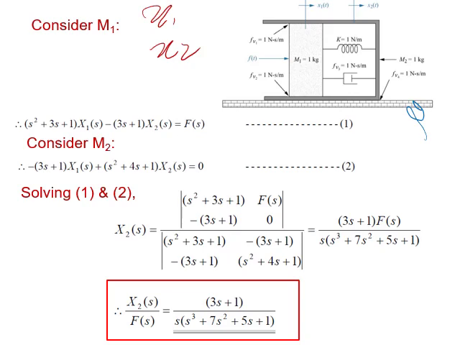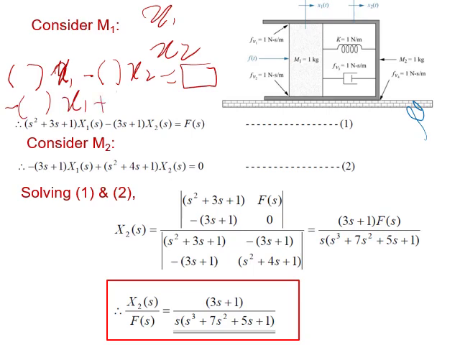So when I want to do the equations, we have to keep in mind that the equations are going to be bracket X1 minus bracket X2 equal to force, and minus bracket X1 plus bracket X2 equal to the total forces applied on the second part. He's applying the same idea here.